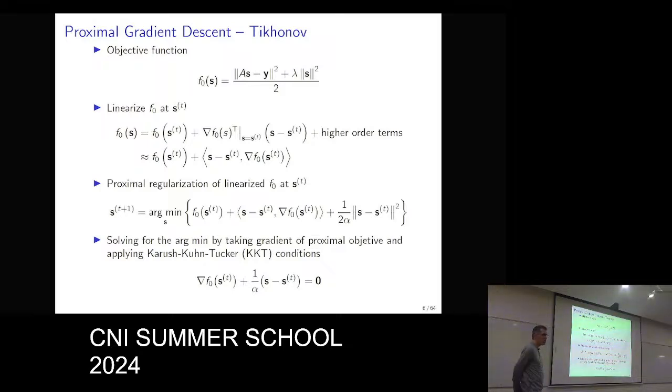So this is similar to a Taylor series expansion, keeping only the zero term and the linear term. And I am going to take this function and put it in a proximal objective function.